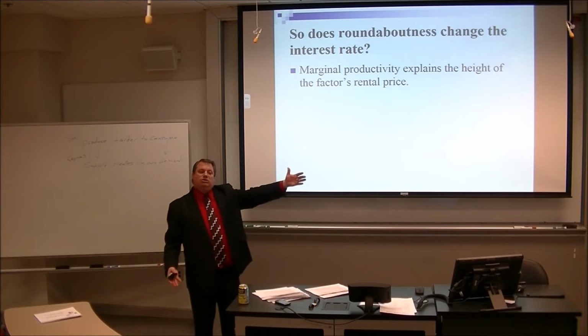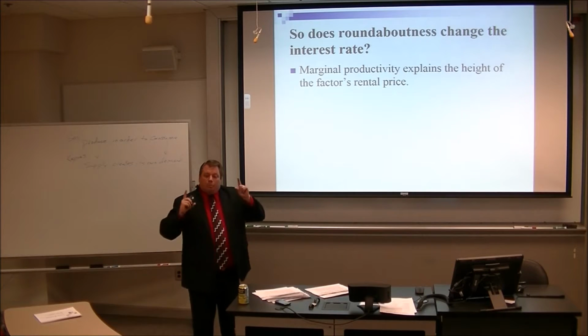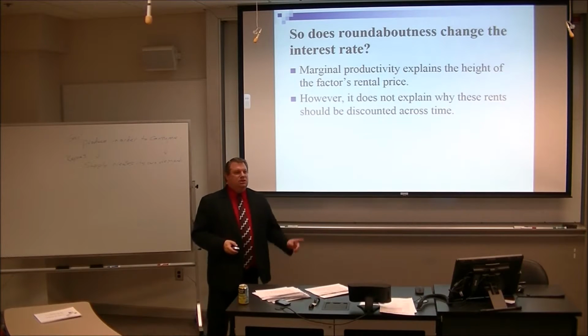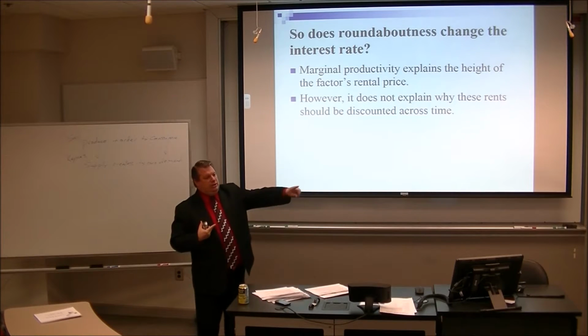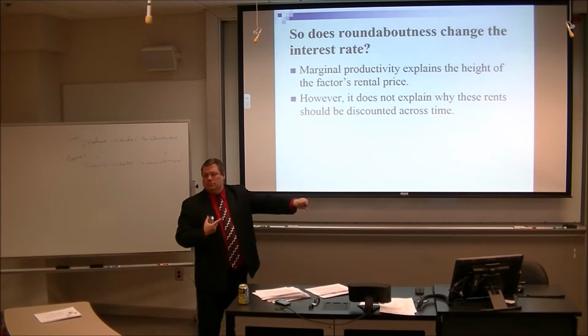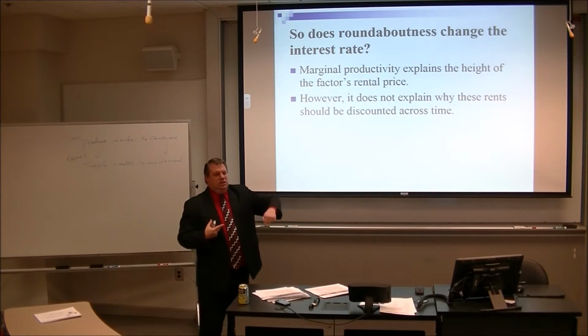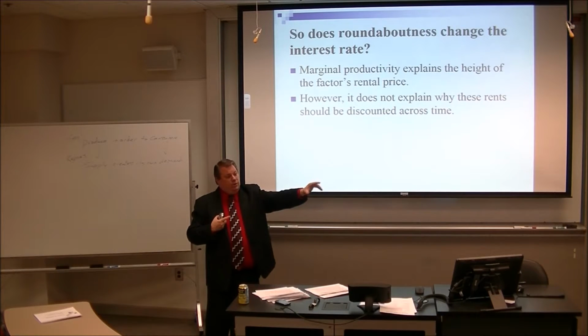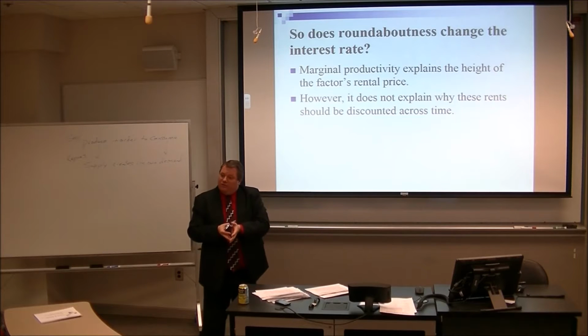Why is it $10,000? Why isn't it $8,000? The productivity then explains that number. But it doesn't explain why the rent should be discounted across time. You see the difference? One is 10,000, 10,000, 10,000, 10,000, right? And then we say, okay, we're going to discount those future values to the present value.